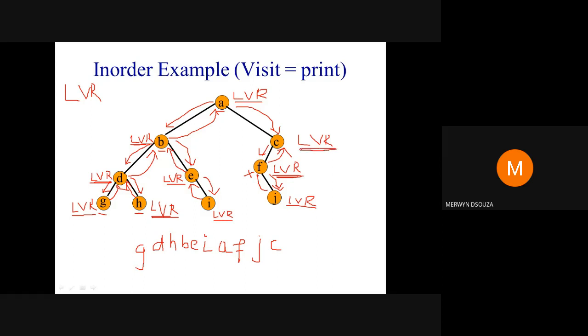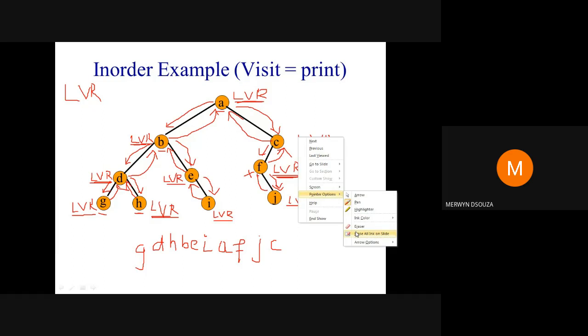But write it down. Okay. Go back up after performing. Here any steps are remaining? No steps are remaining. So this will be your in order traversal. G, D, H, B, E, I, A, F, J, C. So this will be the in order traversal for this tree.